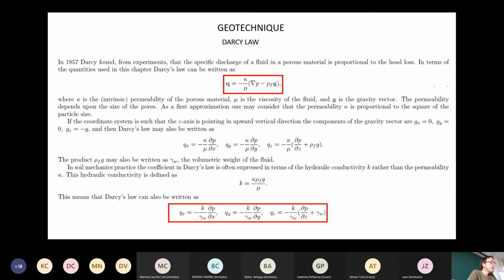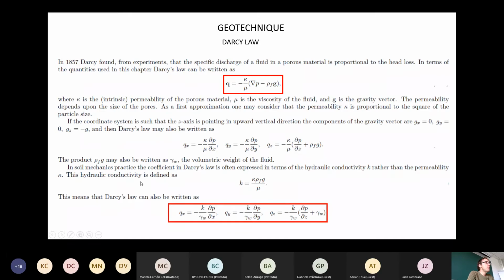At this point, we can write rho f times g as the volumetric weight of the fluid. And so, in soil mechanics practice, the coefficient of Darcy law is often expressed in terms of the hydraulic conductivity K, that is not the K that we were talking about before, rather than the permeability k small.